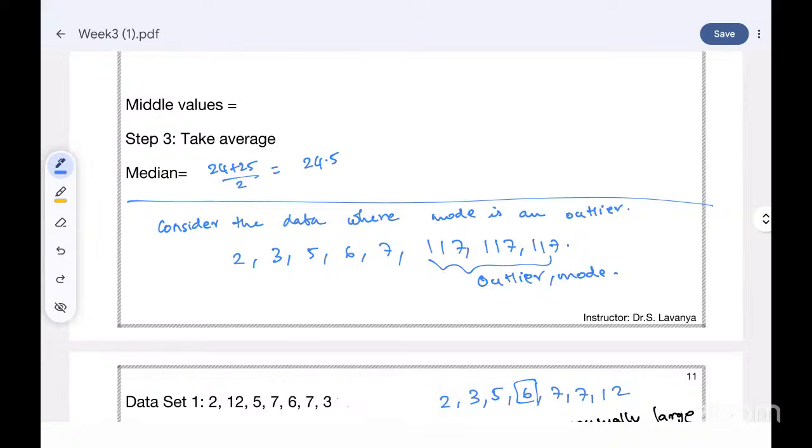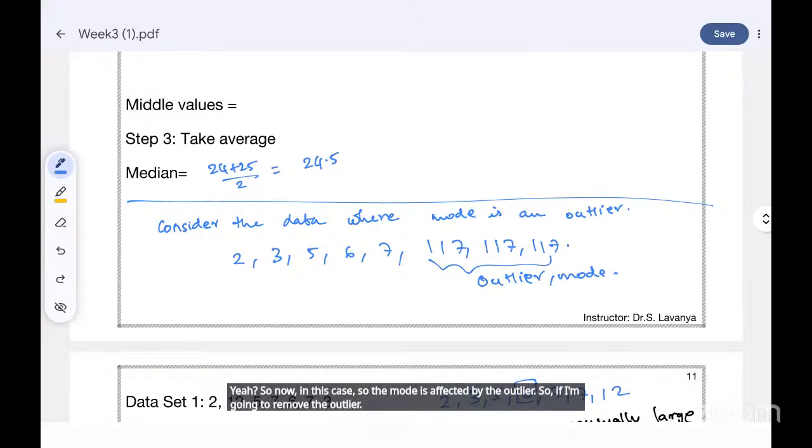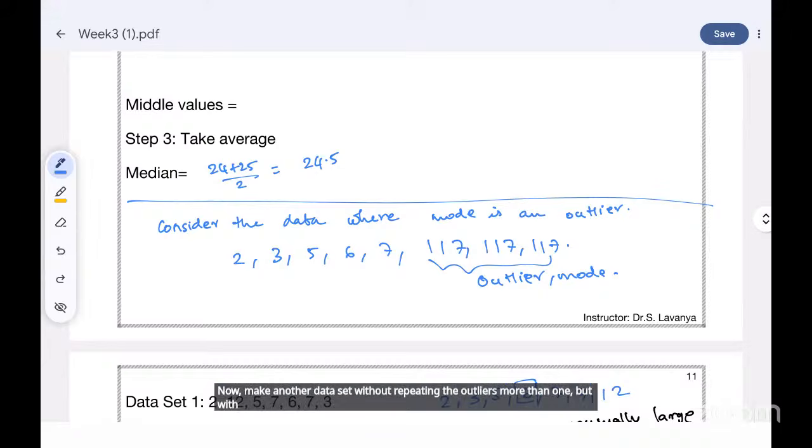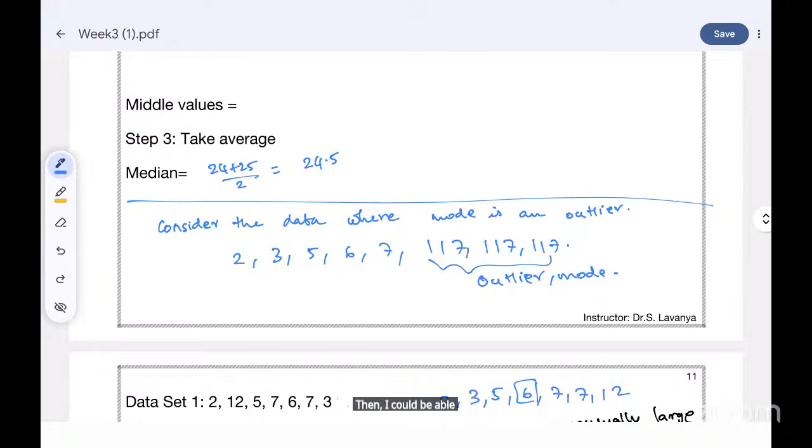So in this case the mode is affected by the outlier. If I remove the outlier, the mode will get affected. Now make another data set without repeating the outliers more than one, but with the same number of observations.